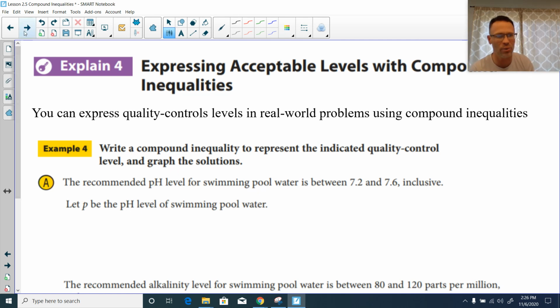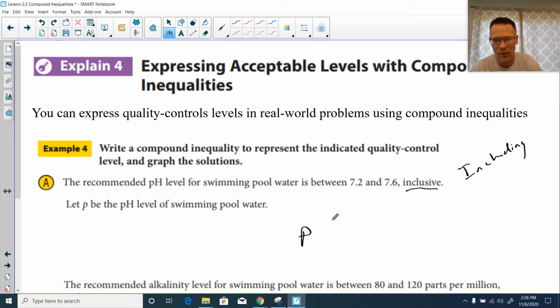All right, last example here, and then we're going to be done. I can express the quality control levels in a real-world problem using compound inequalities. The pH level for swimming pool water is in between 7.2 and 7.6 inclusive, right? That means it's including endpoints. So let P be the pH level of the swimming pool. All right, well, here's P, okay? And it has to be inclusive of these two points.